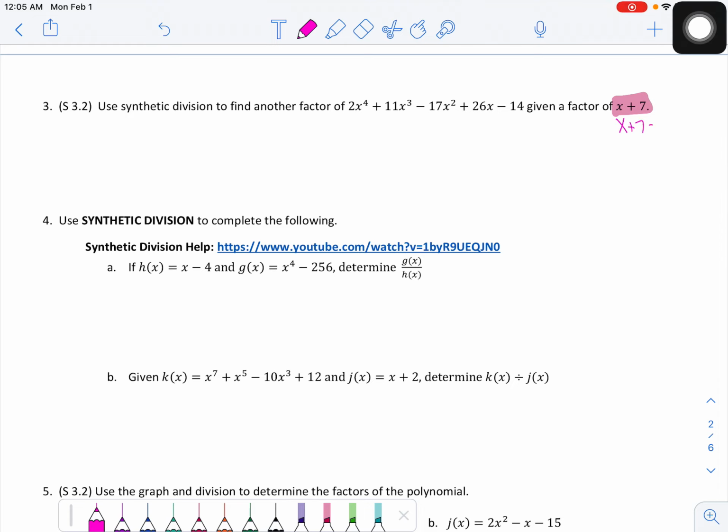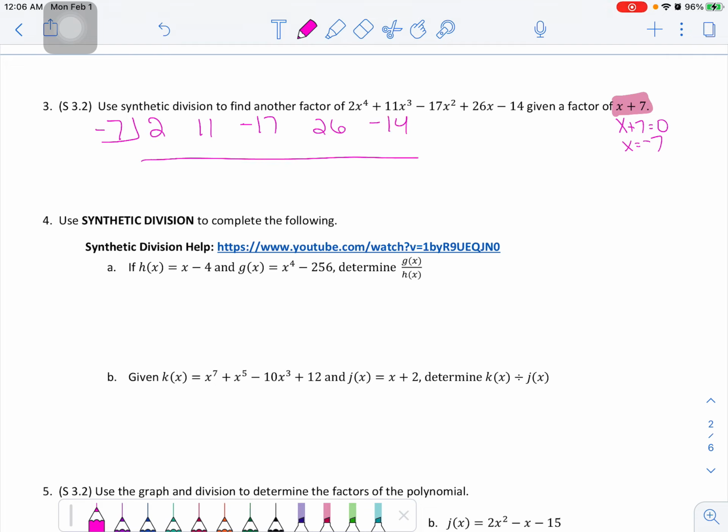So x plus 7 is equal to 0, which means we have a 0 of -7. So that -7 is what I'm going to work with in the synthetic division problem along with the coefficients here for the polynomial. So coefficient of 2, 11, -17, 26, and then -14.